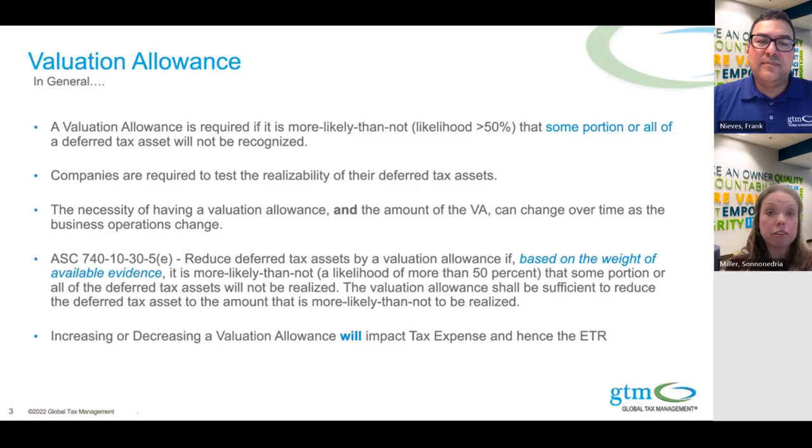They're going to debit the deferred tax asset for $100,000, credit the deferred tax expense for $100,000 to set up that initial asset. Now they're going to set up the valuation allowance against it. So they're going to debit their deferred tax expense for $100,000 and credit the valuation allowance, the contra asset account, for $100,000.